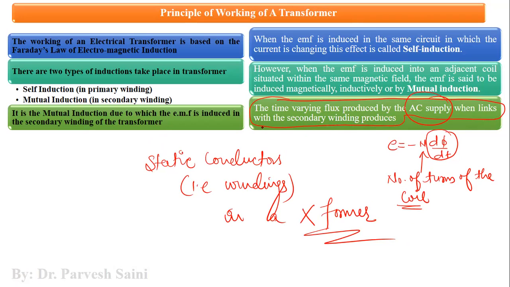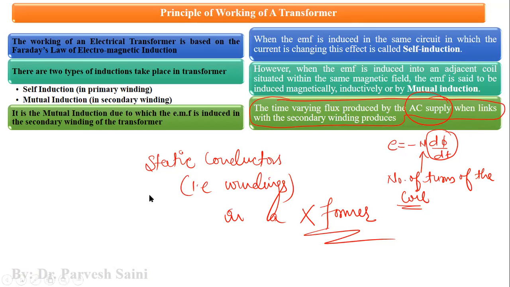This AC supply, which is time varying supply, which is bidirectional supply, produces a time varying flux or bidirectional flux in the iron core of the transformer. And this time varying flux, when it reaches the secondary winding, links with the secondary winding, produces a time varying EMF or current in the secondary winding.